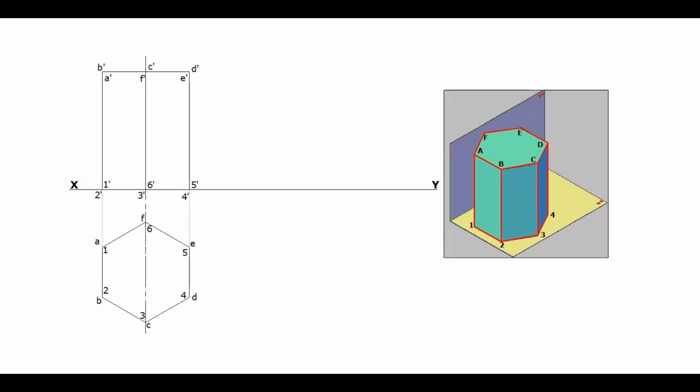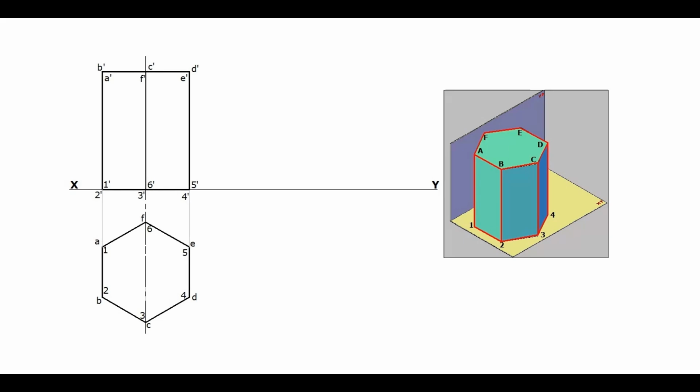This is the projections of a hexagonal prism with the condition axis perpendicular to HP and parallel to VP, the first stage of projection. And also the entire base is on the HP with two of its base edges perpendicular to VP. For polygons having an even number of sides, when one edge is kept perpendicular or parallel to one of the planes, the opposite edge also will have the same condition to the same plane.